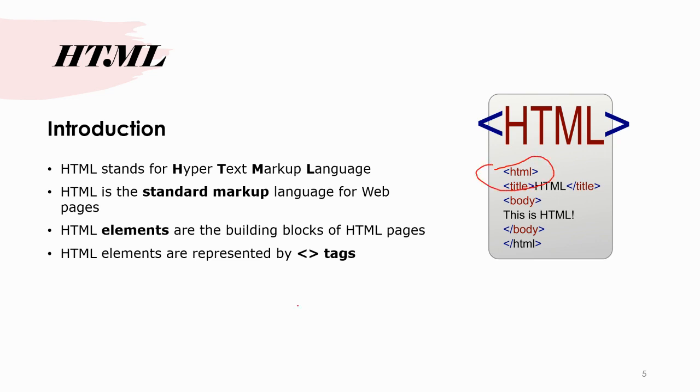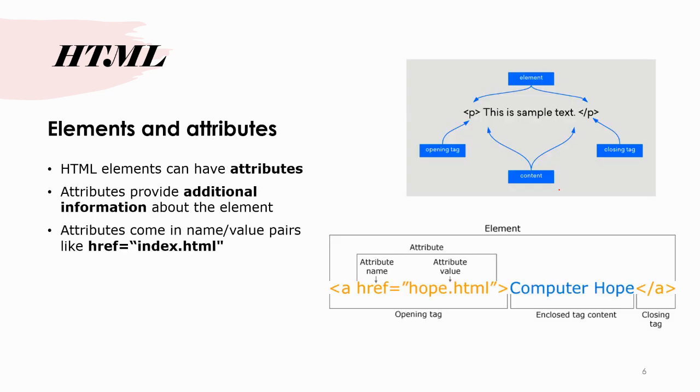Normally elements are represented by tags. This is the angle bracket, open and close angle bracket, and when you see that, you know that it's HTML. Normally tags are in pairs, but sometimes they are called empty tags because they work alone without you embedding content.